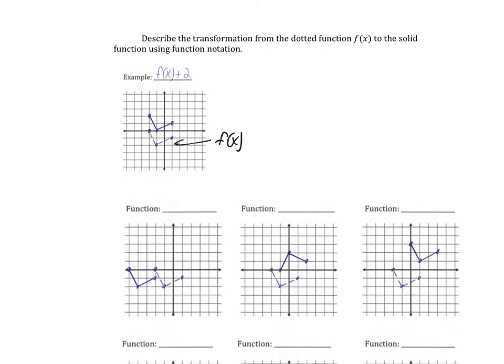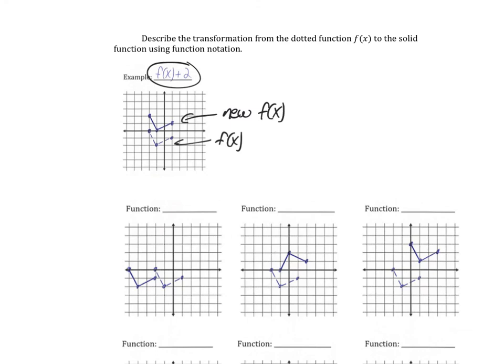That's what we start with. And notice that after we've done our transformation, this is our new f of x. So what would you have to do to f of x to get that new f of x graph? Well, you would have to add 2. Notice how all the points move up 2. You have to add up 2.